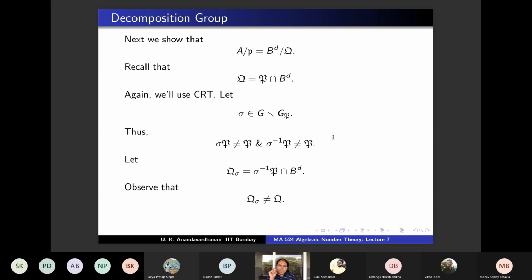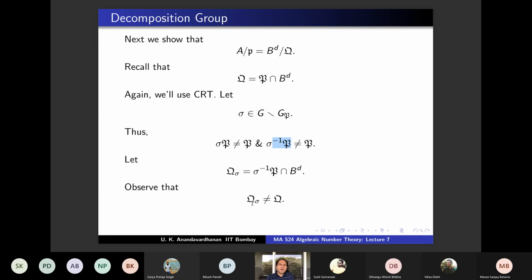So it's not set theory, but still you can conclude this. Why? Because this is LD, this is a decomposition field, and it has that property. What is the property? I'm not using smallest. It has the property that there is only one prime lying above. P is the only prime lying above O. Similarly, sigma inverse P is the only prime lying above O sigma.